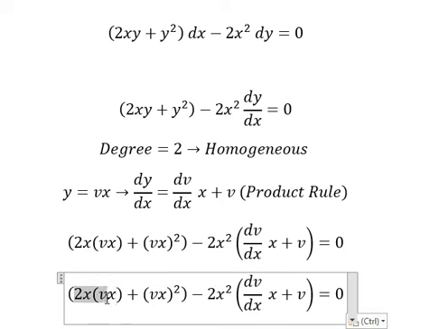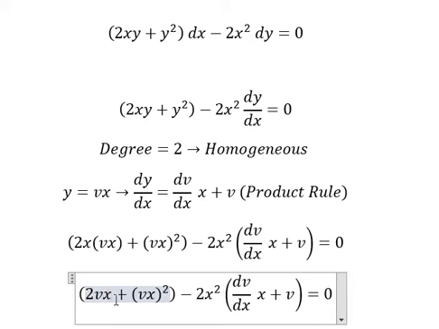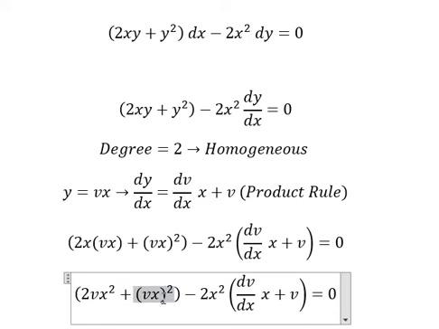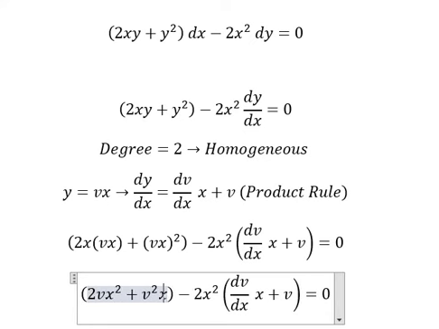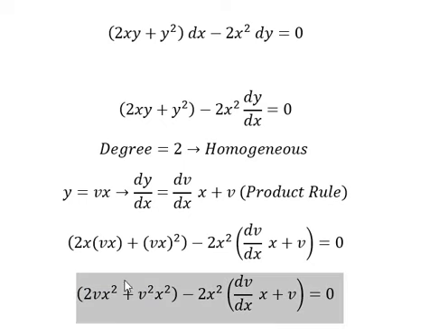So this one we have 2vs square, and this one we have v square s square. Later that we simplify s square for both sides.